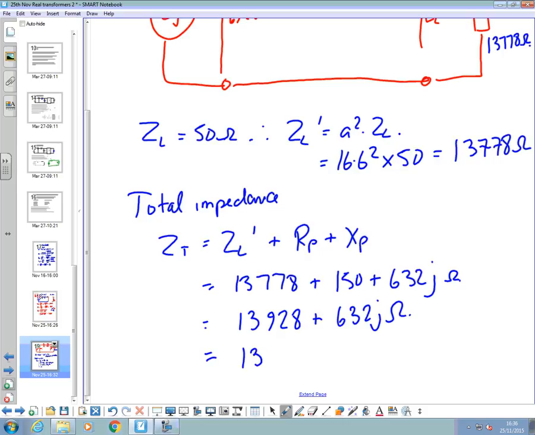That comes out at 13942 ohms angle 2.6 degrees. We'd expect that narrow angle because this big ZL dash is making the resistive part massive compared to the reactive part there. Okay, so you're expecting a narrow angle.